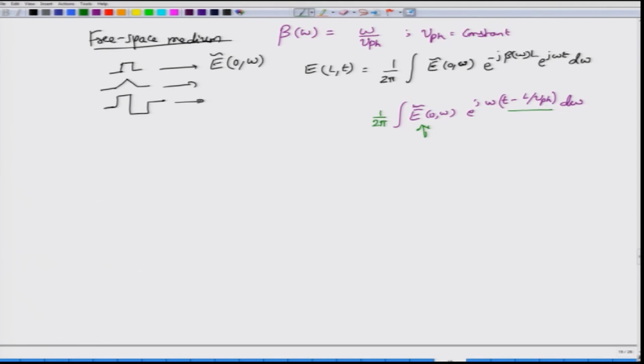Because L by VPH is a constant, t minus L by VPH is just some tau; the variable of integration is omega, but the inverse Fourier transform is now being evaluated at t minus L by VPH instead of t. So, this is actually E of 0 comma t minus L by VPH.